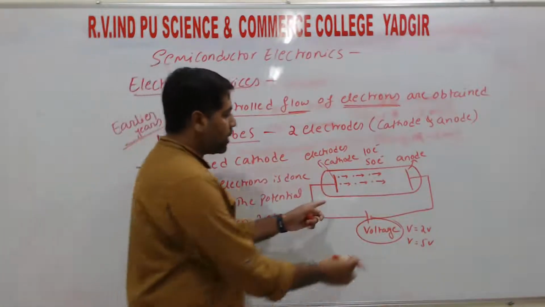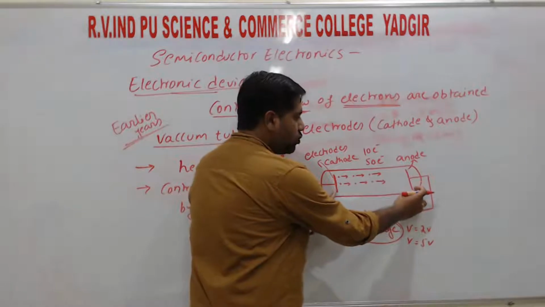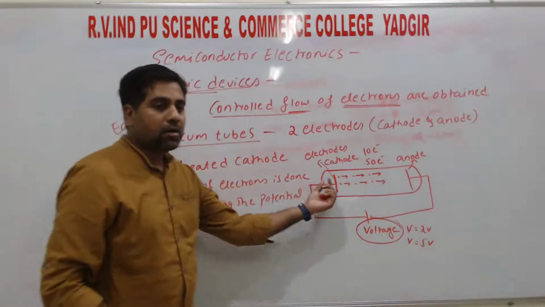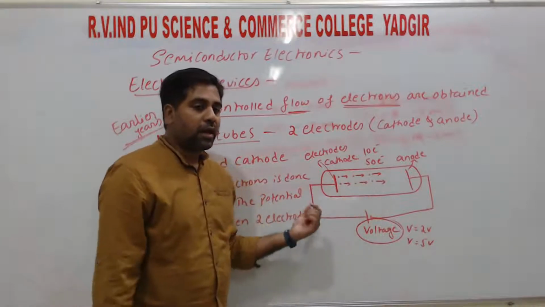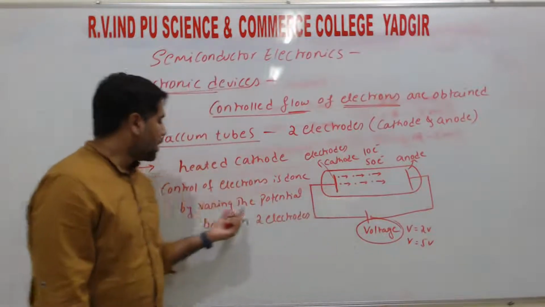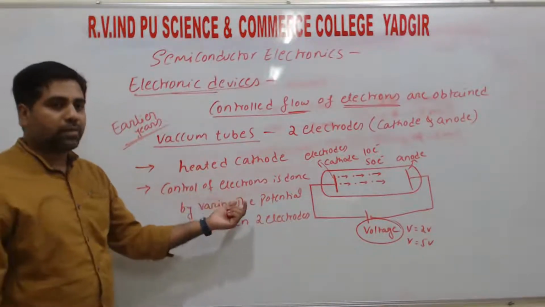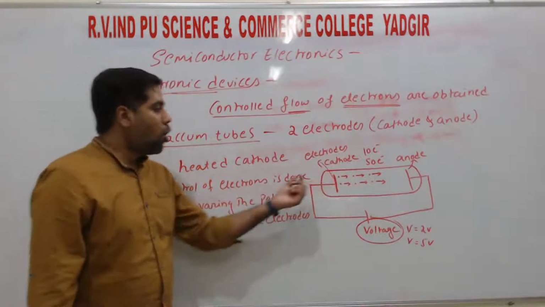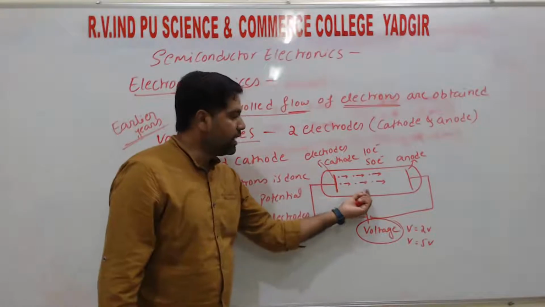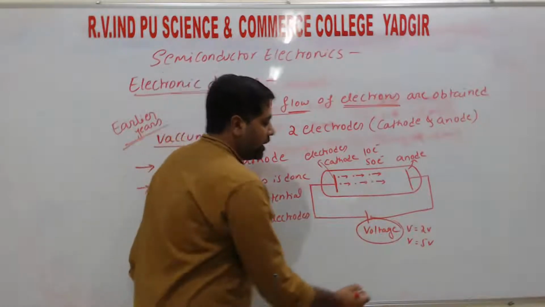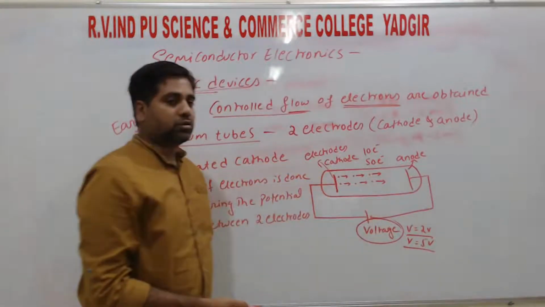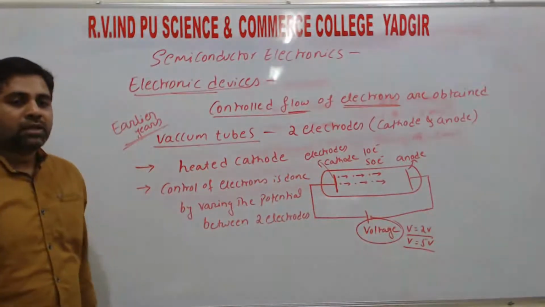So by applying the potential between these two electrodes, we can emit the number of electrons we require. If we need 10 electrons or 20 electrons, we vary this potential between the two electrodes. That is the second point.